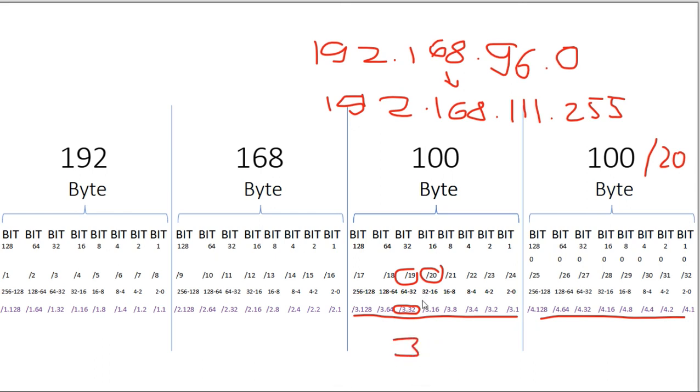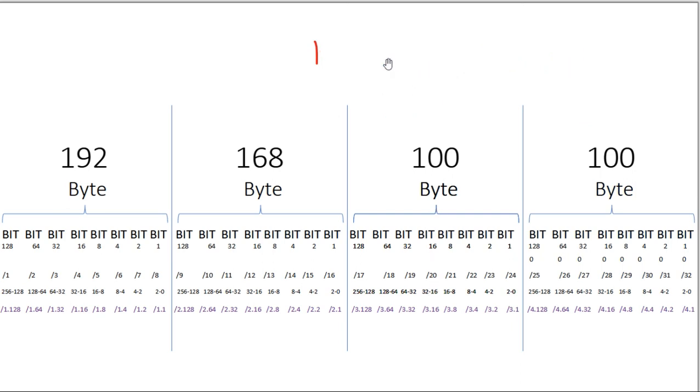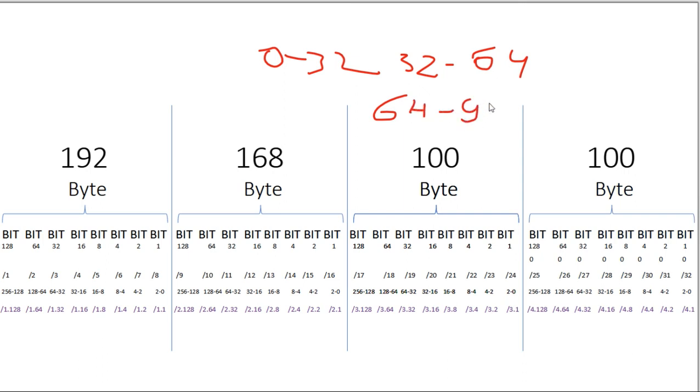And then of course, with 19 and 32 units, you get from 0 to 32, from 32 to 64, from 64 to 96, right? Super simple math. And then from 96 to 128.